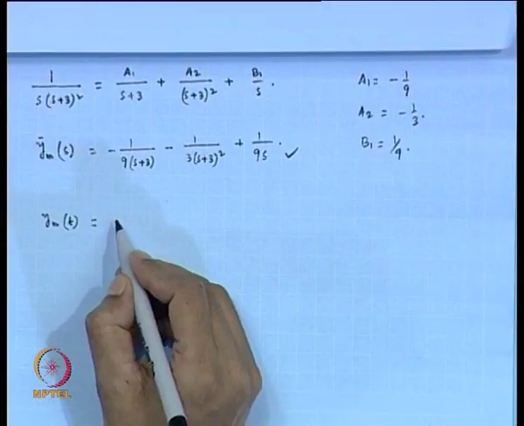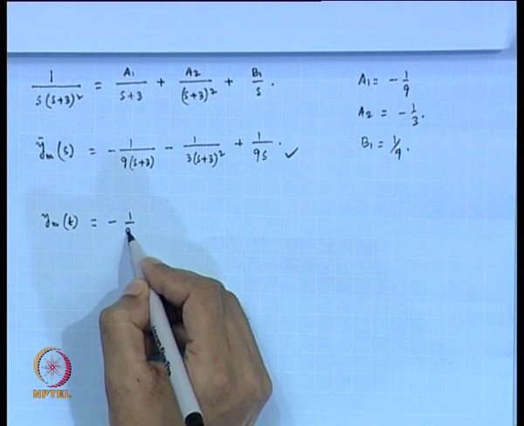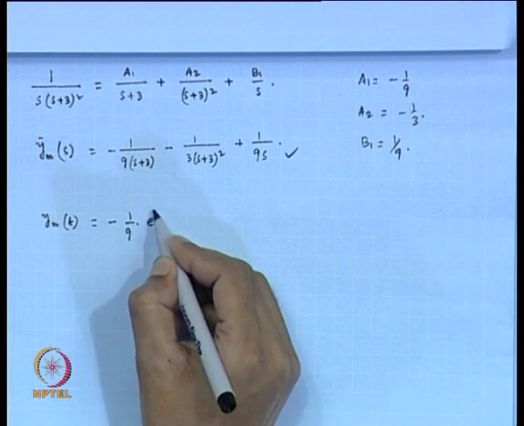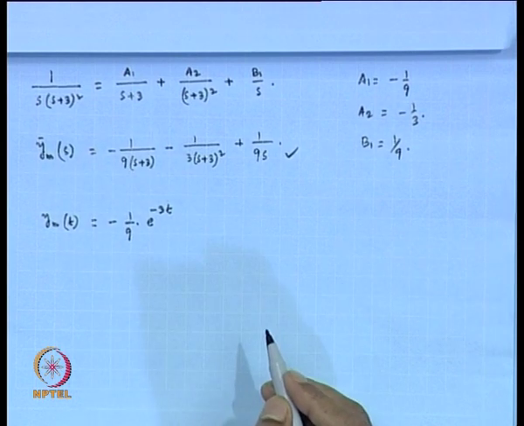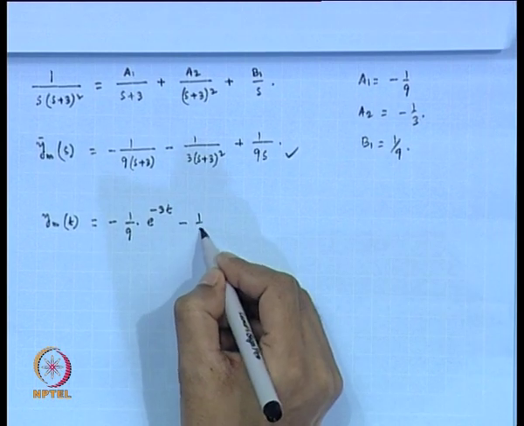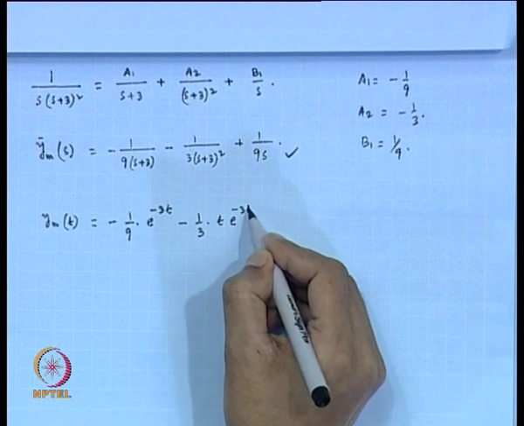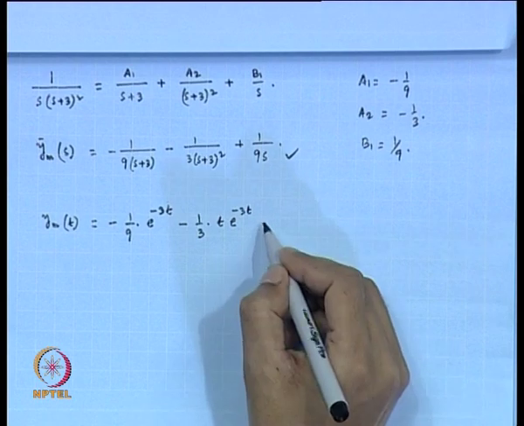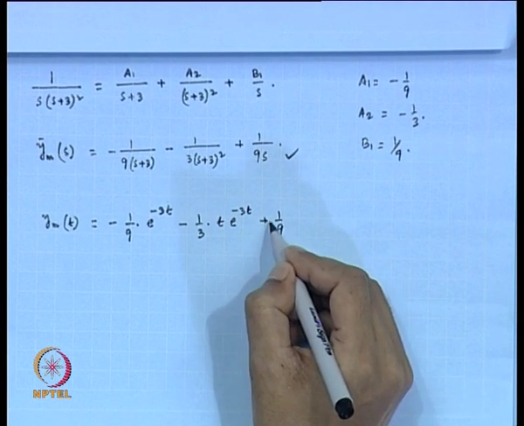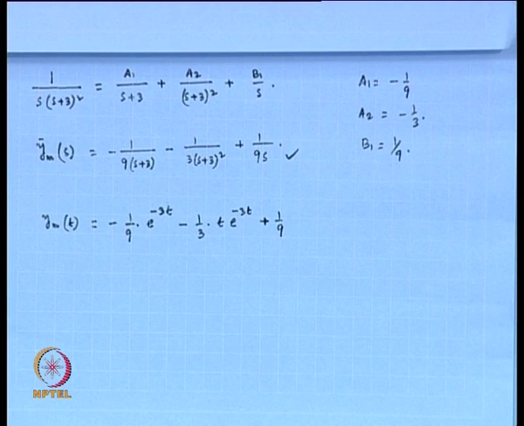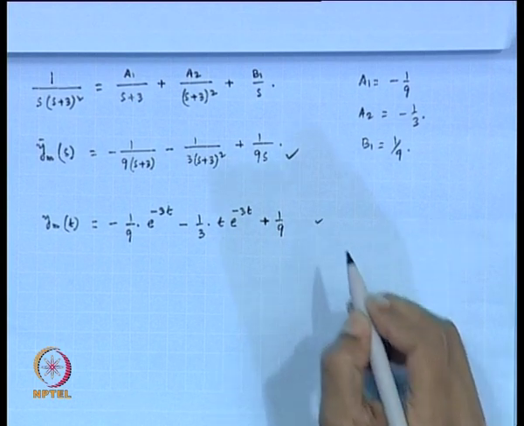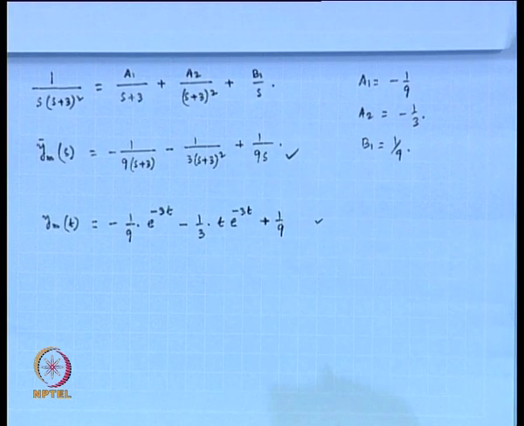If we take the inverse of Laplace transform, then we get ym in time domain as ym(t) equals minus 1 by 9 exponential of minus 3t, minus 1/3 t exponential of minus 3t, plus 1 by 9. So, this is the expression of ym in time domain.